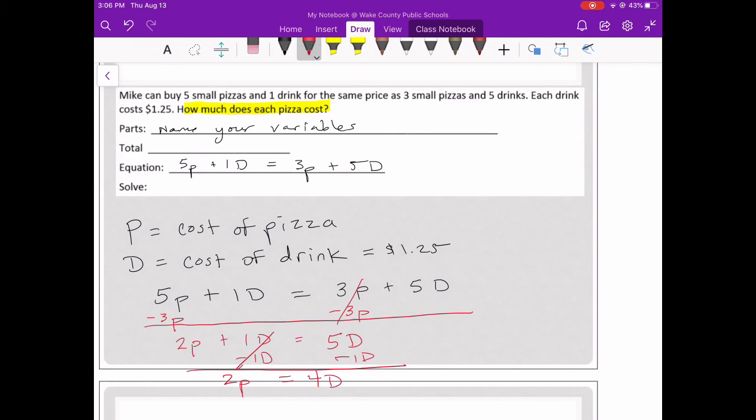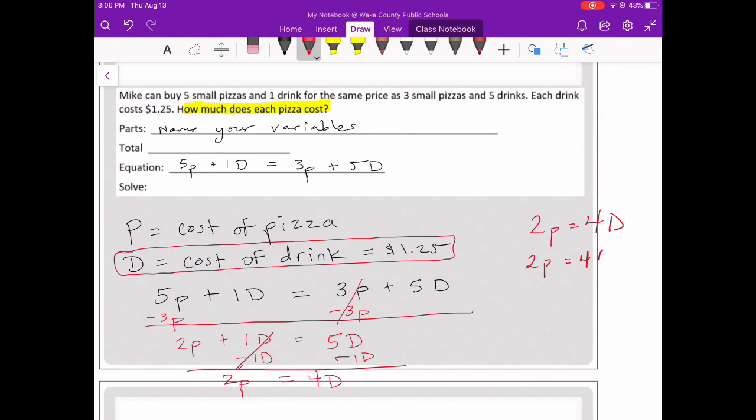Now you're like, oh, that's difficult because that's two different variables. But remember what we talked about way back at the beginning of this problem. We don't actually have to worry about d because they already gave us the cost of what each drink is. So they really save us on that one, or we wouldn't have been able to do this problem. So now I'm going to substitute in, instead of a d, $1.25.